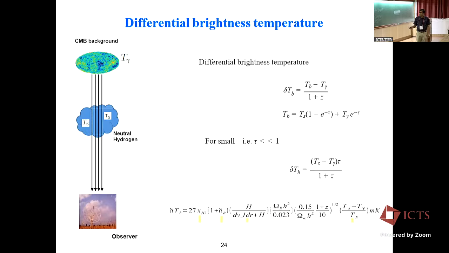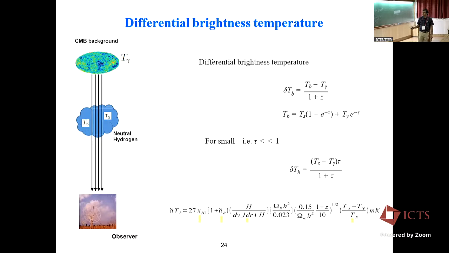Now, this delta B will come from structure formation N-body simulations, and the Hubble parameter we know from our cosmology. What you need to know is XHI, the neutral fraction at each location of our universe. So XHI is a function of spatial coordinate as well as z, redshift.